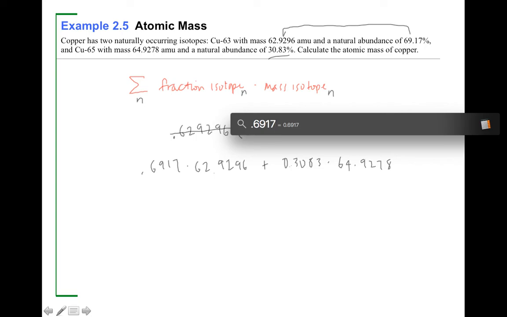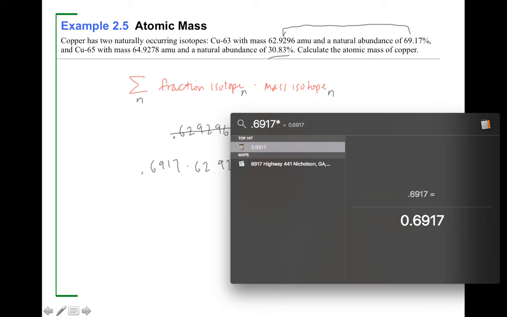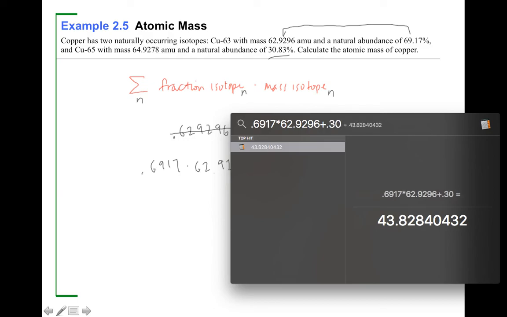0.6917 times 62.9296 plus 0.3083 times 64.9278. Did I get those numbers right? 9278, 9296.